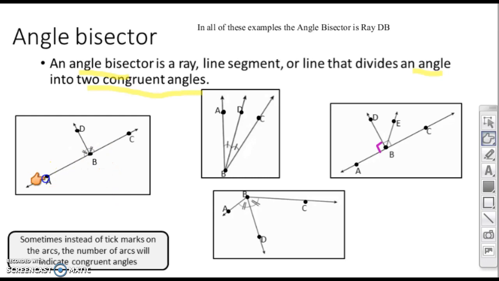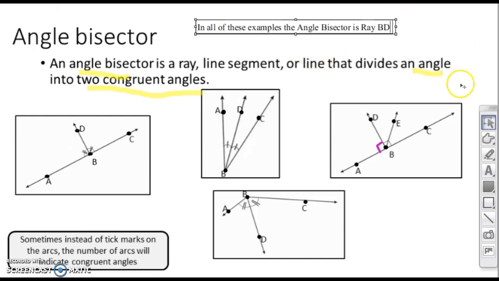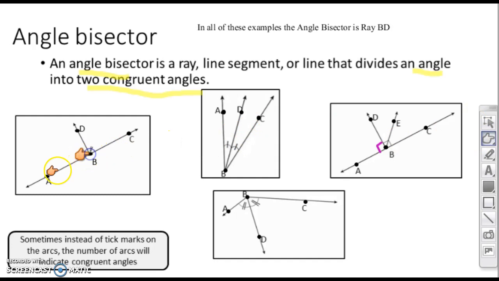So if we have segment ABC that's part of line AC, this ray, BD, actually I should rename that, sorry, BD, always name the ray starting with the endpoint, bisects that straight angle into two congruent parts. In this one, angle ABC, again, ray BD is dividing that one angle.